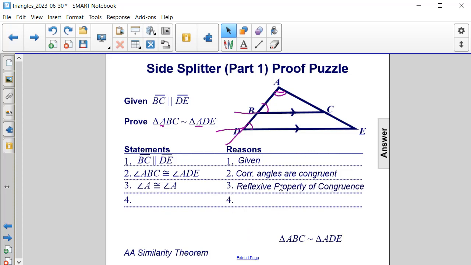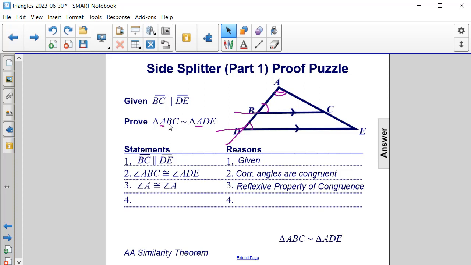And a trick for using the reflexive property is if the triangles or shapes that you are trying to prove are similar or congruent have the same one letter in common, then they will share a common angle. If they have two common letters, then they would end up sharing a common segment.